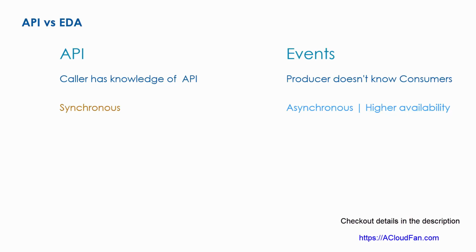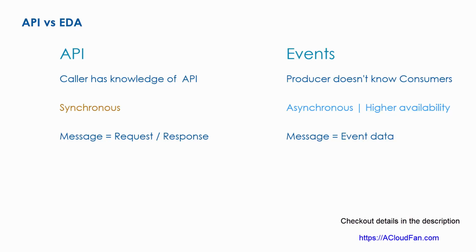In case the consumer is not available, the producer moves on, and when the consumer comes up, it receives the event data. APIs are based on the request-response paradigm, whereas in the case of events, the message consists of event data, which can be the state data or the metadata.